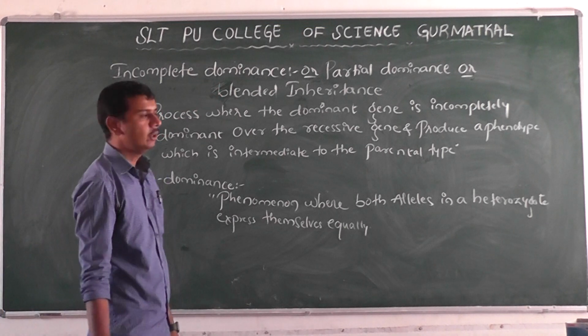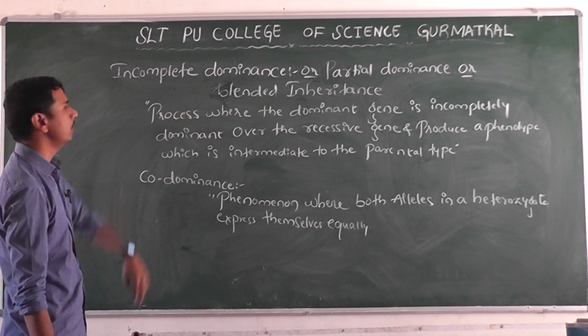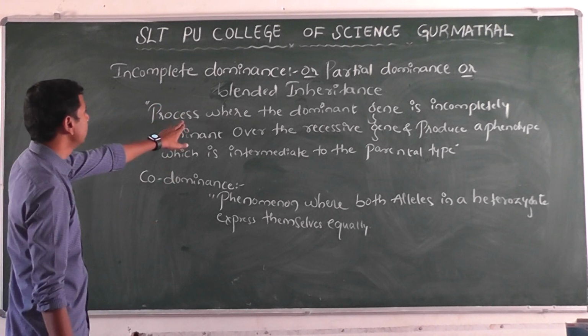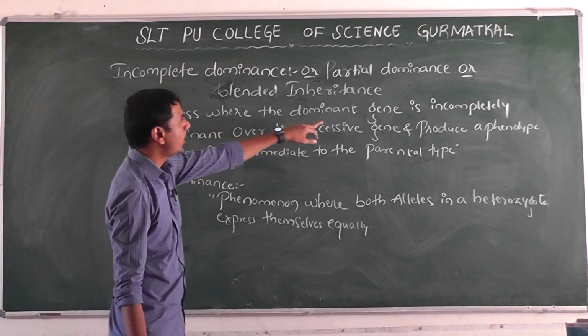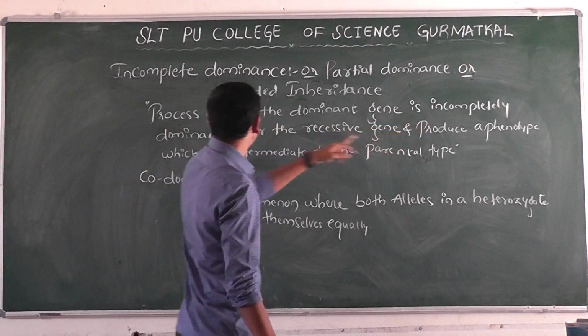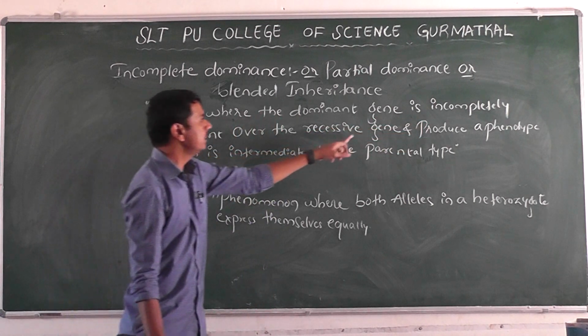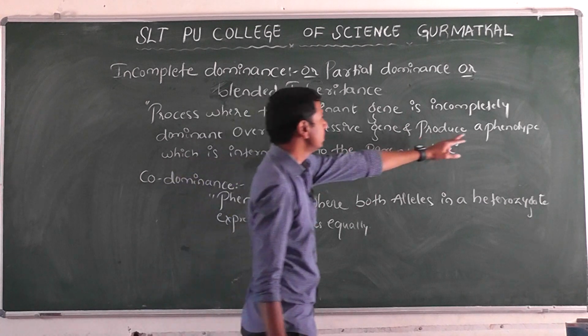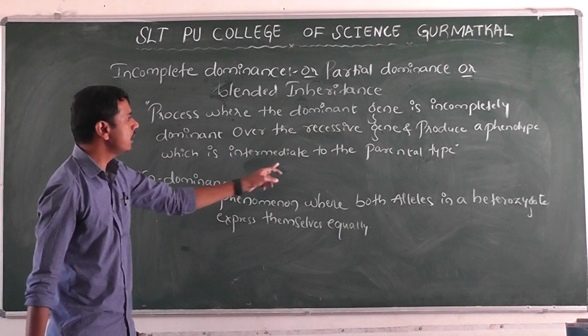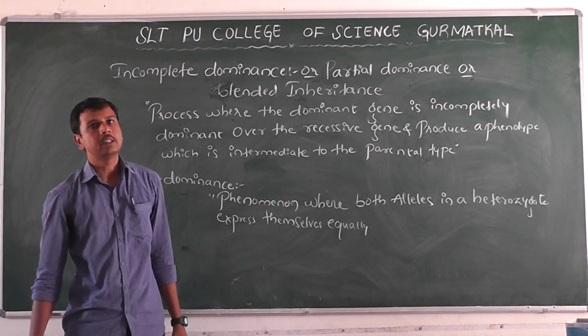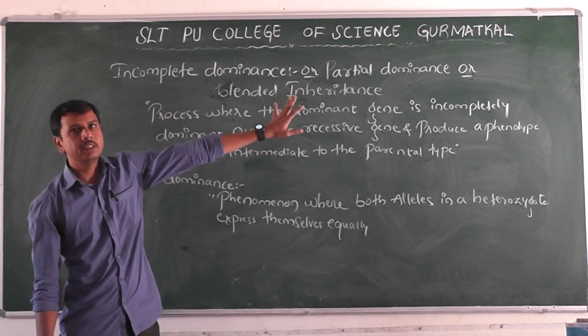The definition of incomplete dominance is a process where the dominant gene is incompletely dominant over the recessive gene and produces a phenotype which is intermediate to the parental types.